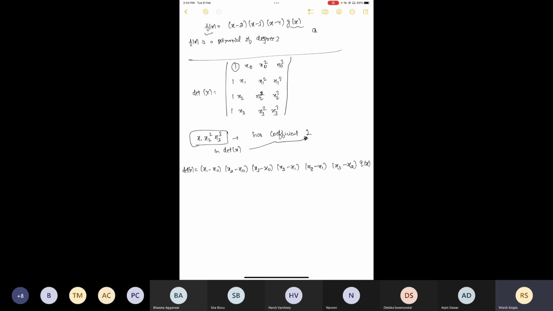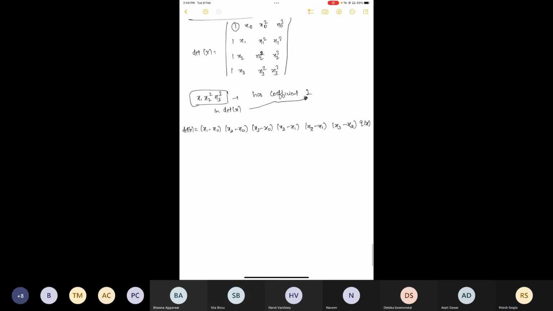Yes, sir. So see, determinant of x is a polynomial of degree 6 and this is a polynomial of degree 6 plus degree of q(x), right? So q(x) is a constant, first of all.